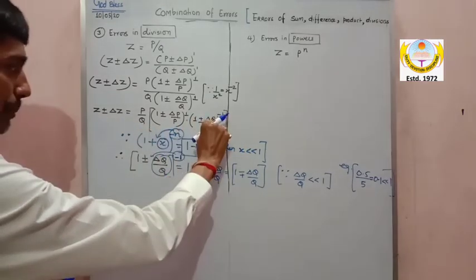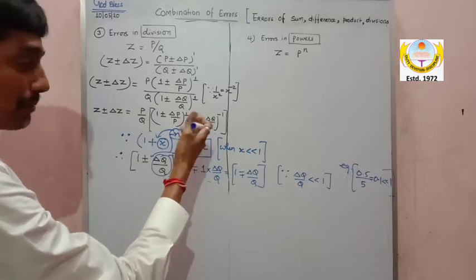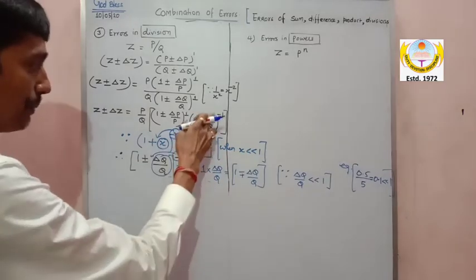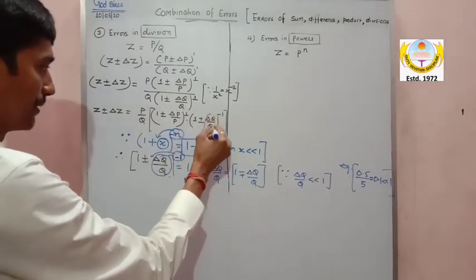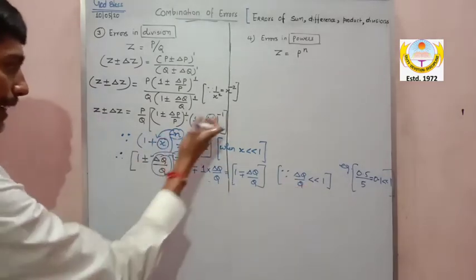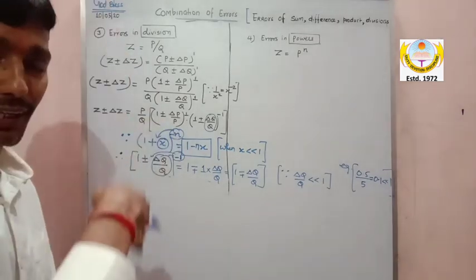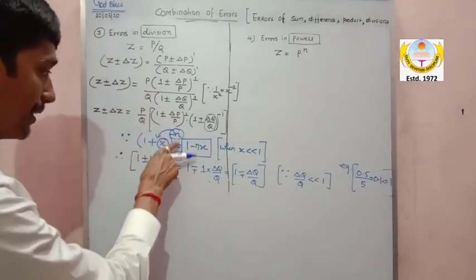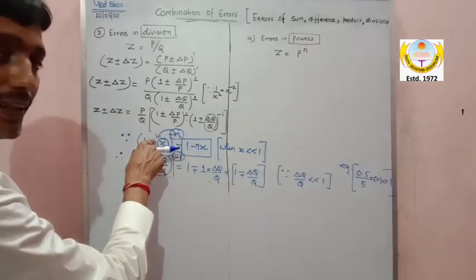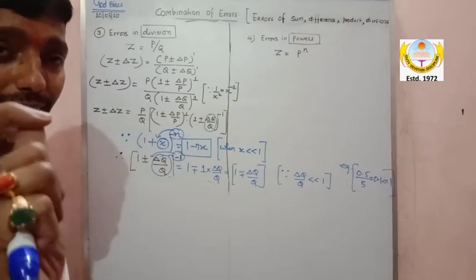Because here delta q by q, q is the true value, the denominator is very high, the numerator is less, so the answer of this will be less than 1, and therefore you can apply such a method called binomial expression. The power directly gets multiplied with the term along with its sign, with that term which is less than 1.